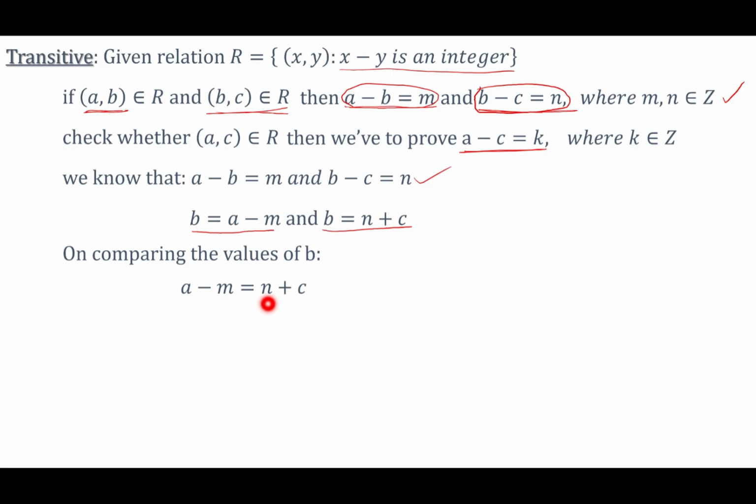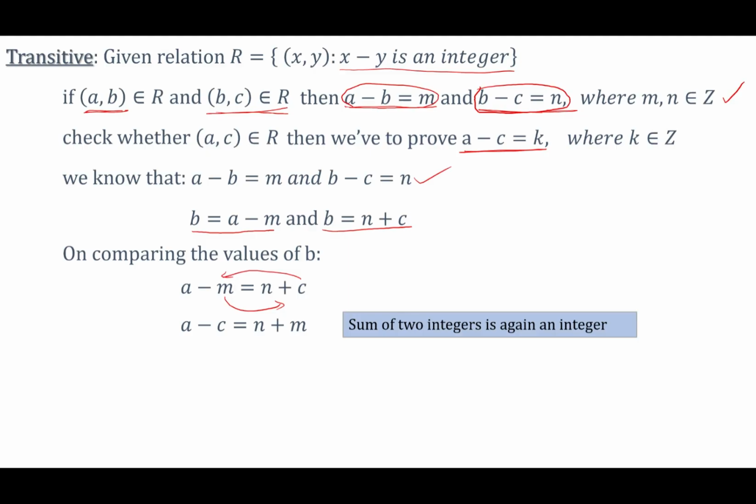Now I switch c to the left, so it will become negative, and m to the right, it will become positive. It will be like this: a minus c equals n plus m. Now here, n and m are two integers. The sum of two integers is again an integer.